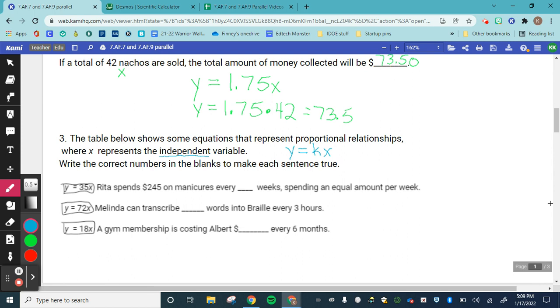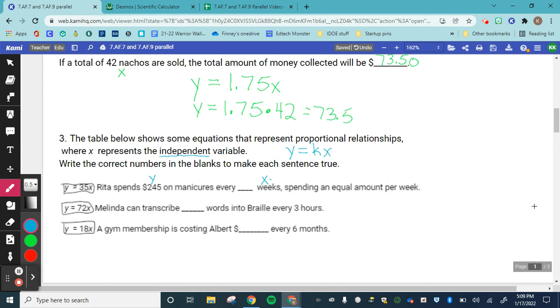So I know that since 35 is my constant of proportionality, she spends $35 in 1 week for manicures. So our weeks will be our x, which means our total money is going to be the y.